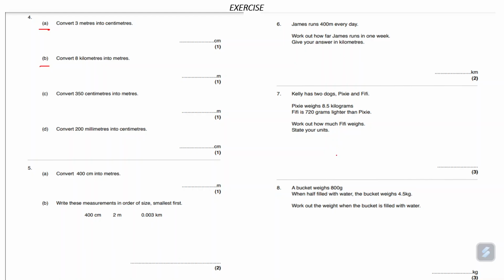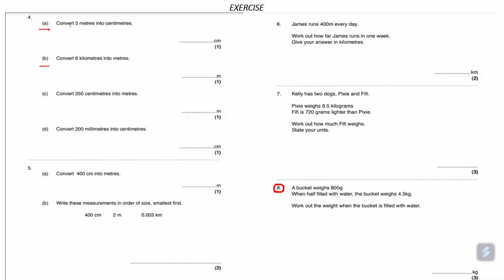Then we'll look at question number 8. I believe this is a very tricky question. So we look at question number 8 and 4A and B.